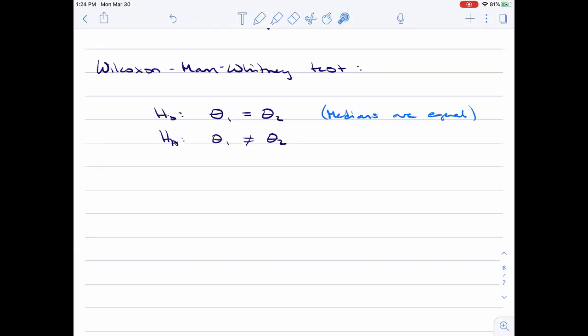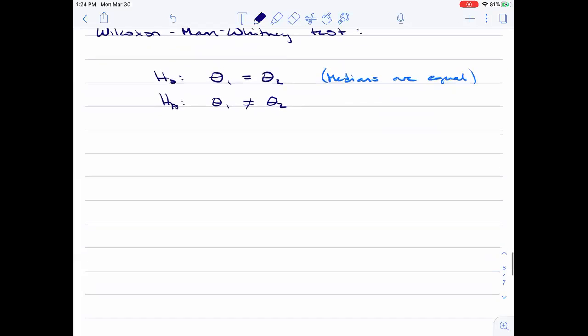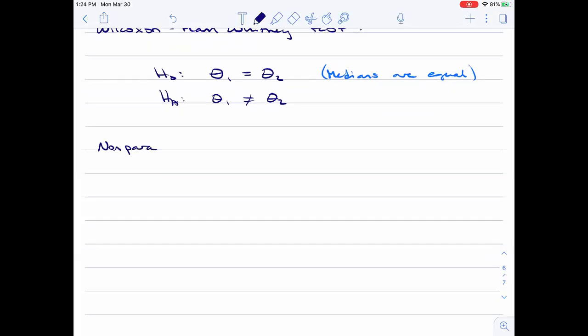And so here, non-parametric tests are usually based on ranks.